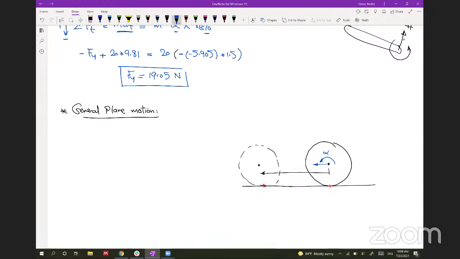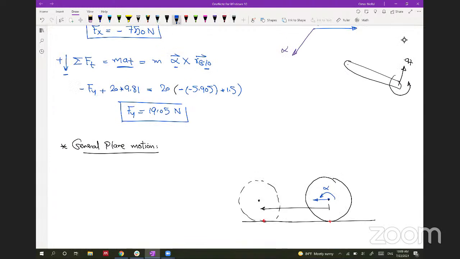And our equations will be something like the sum of Fx will be equal to m a_x of the center of mass, and the sum of Fy will be equal to m a_y of the center of mass, and also the sum of the moments about the center of mass will be equal to I bar alpha.